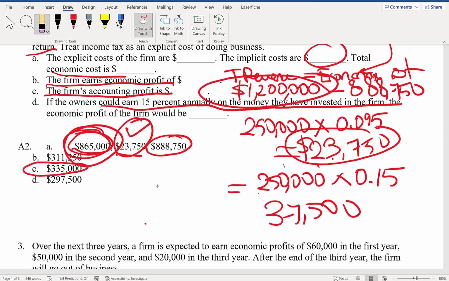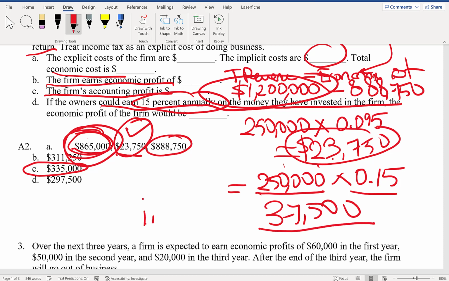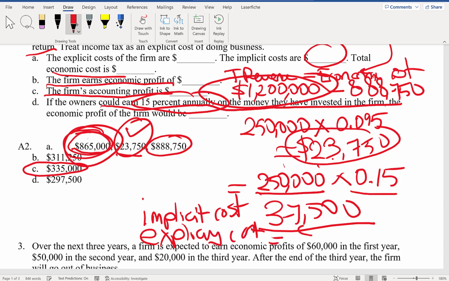So to answer the question, what's the economic profit of the firm if the annual interest rate is 15%, right? We're going to do $250,000 times 15%, 37,500. This is the implicit cost. Okay, I also have the explicit cost that didn't change. Explicit cost, which is $865,000 plus this, right?